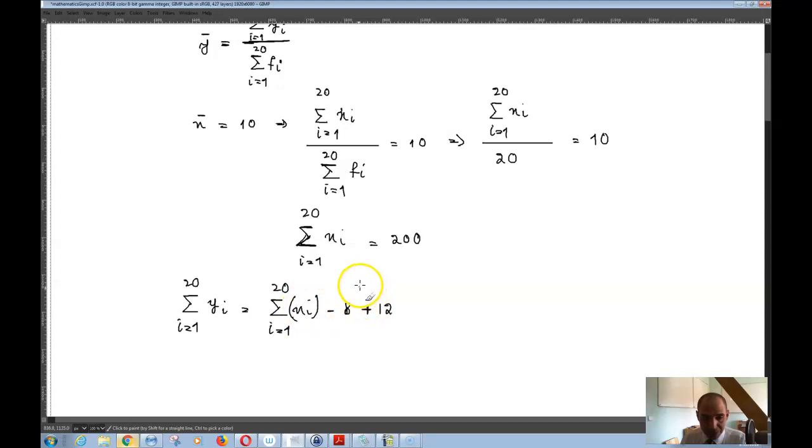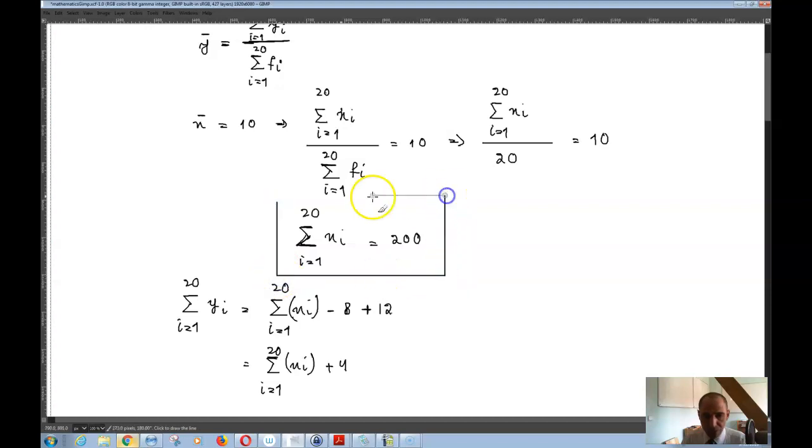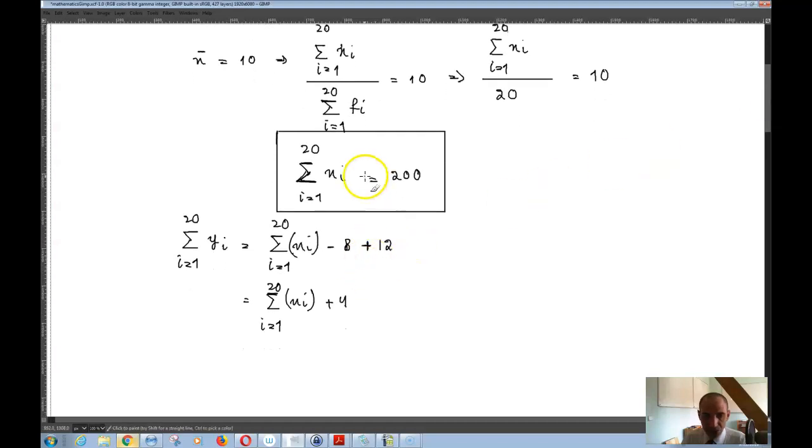So this is equal to sigma of x of i as i goes from 1 to 20, and 12 minus 8 is equal to 4. So if I take my sigma x of i, which was equal to 200, and add 4 to it, I will get my sigma y of i, which is 200 plus 4, equal to 204.